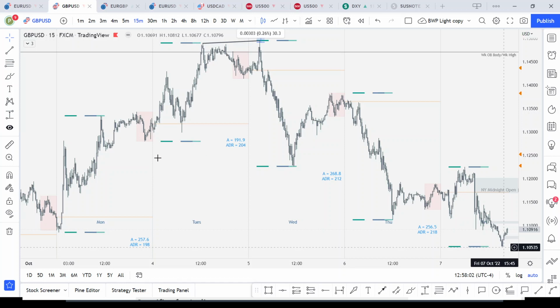The one shot one kill is usually framed on the higher time frame bias, the higher time frame PD array. In this case, this is the higher time frame weekly order block, after filling a higher time frame fair value gap. I didn't mark the fair value gap here, but that's usually the premise on which the trade is going to be framed.